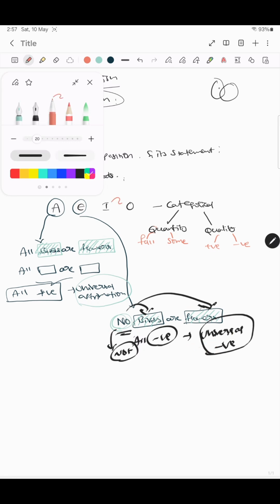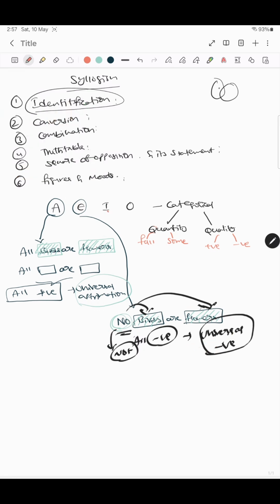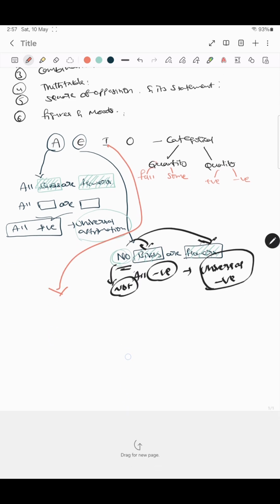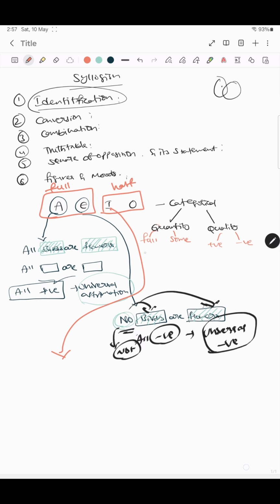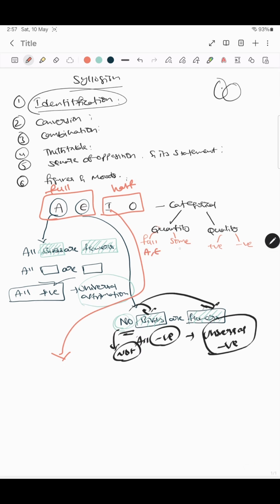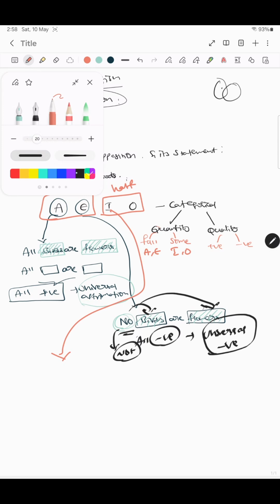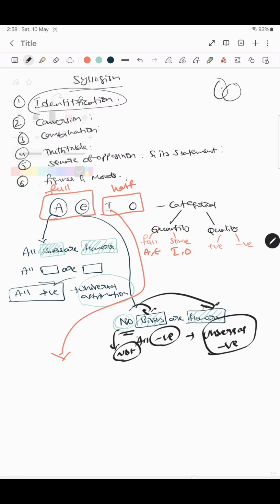Now coming to the I kind of statement. These are full statements, A and E, and these 2 are half. Full consists of A, E, and some consists of I, O. Now let us see how half statements look. Half means some statement.